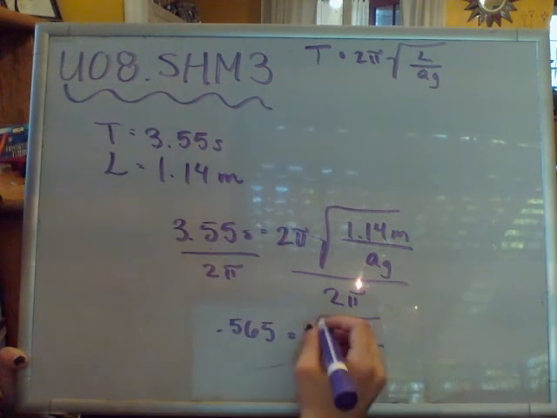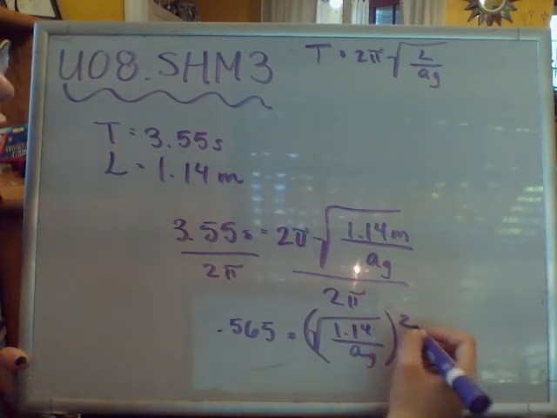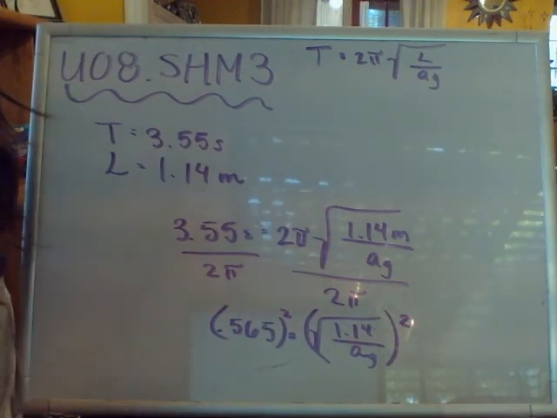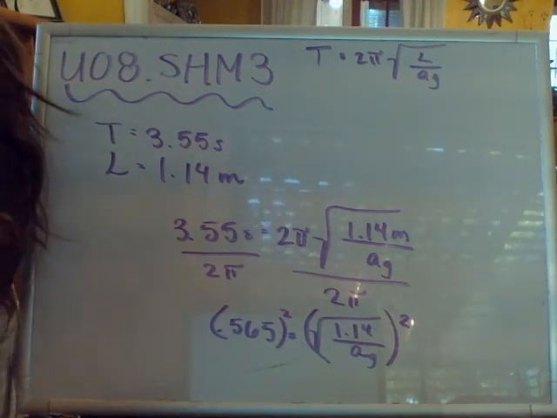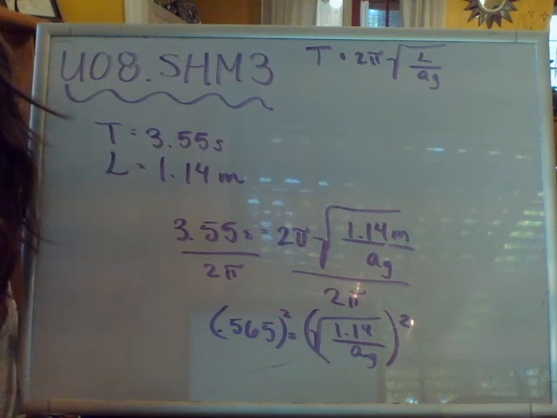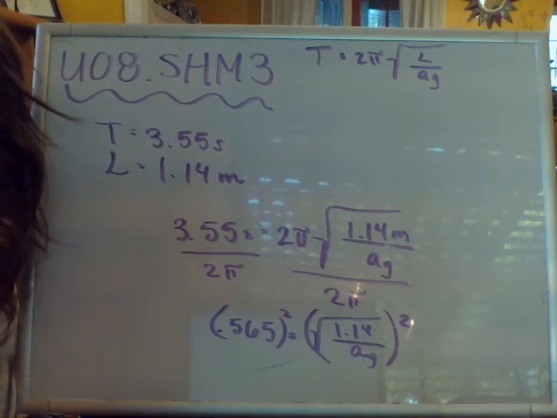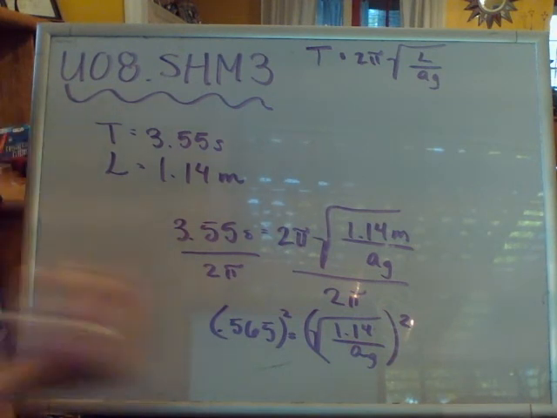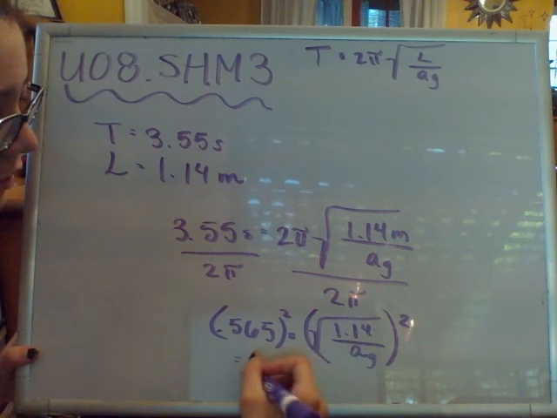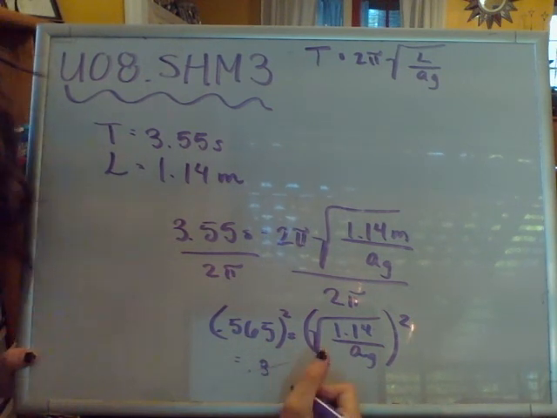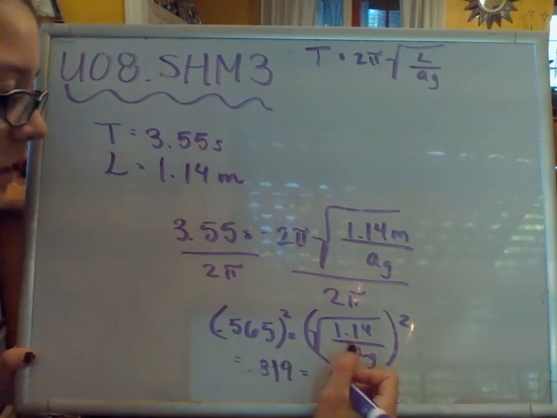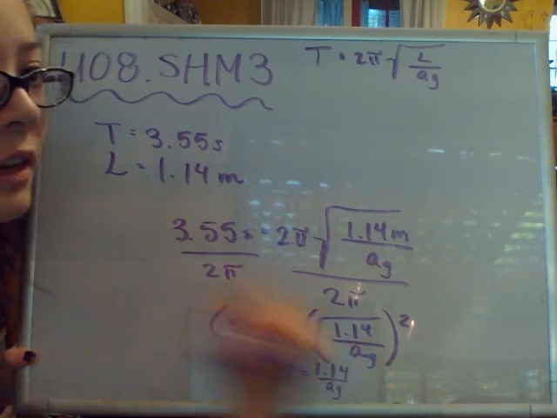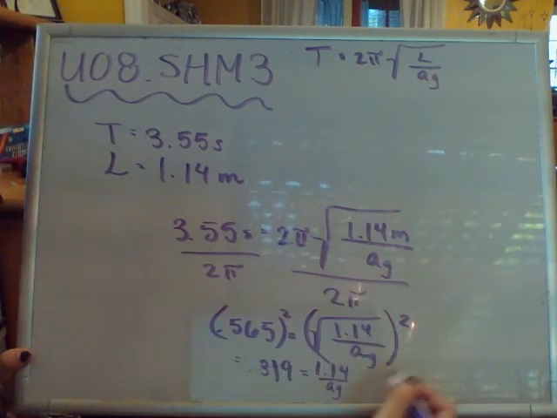So now we're going to square both sides so we can get rid of the square root. That gives us 0.319 is equal to 1.14 over g.